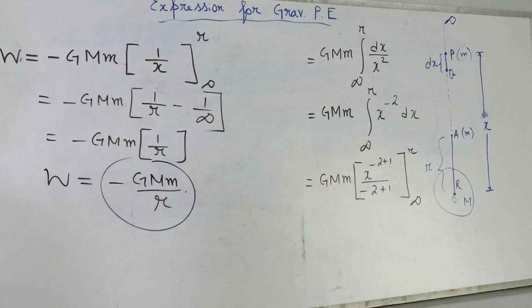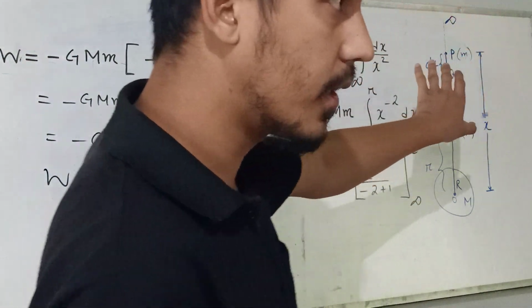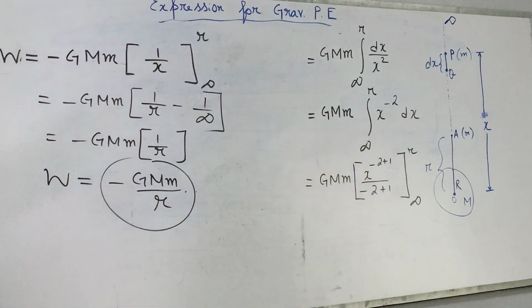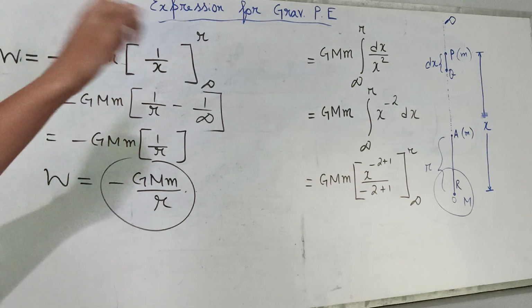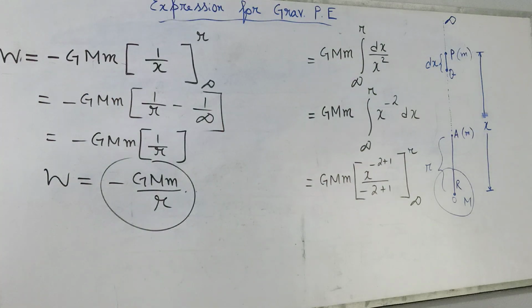So this much work has to be done in bringing the body from infinity to point A. Now, this work done is stored inside the body in the form of potential energy, because potential energy means work done in bringing the body from infinity to the point A. I told you that as we started this derivation.